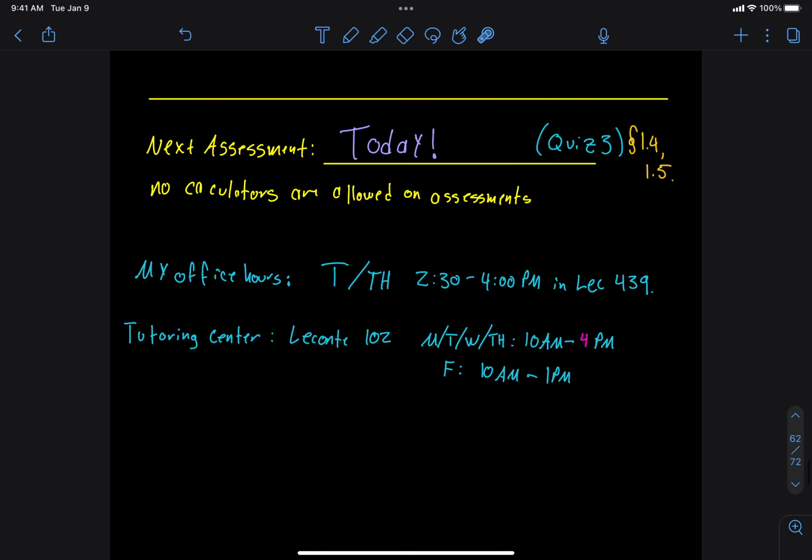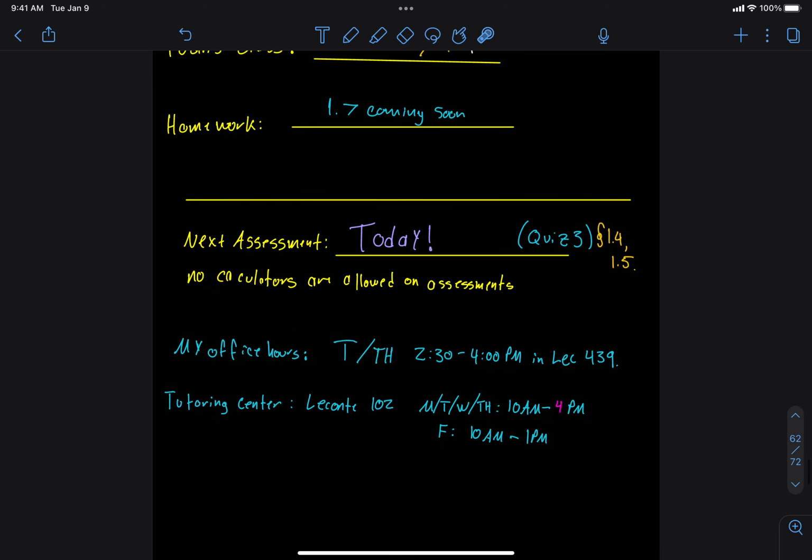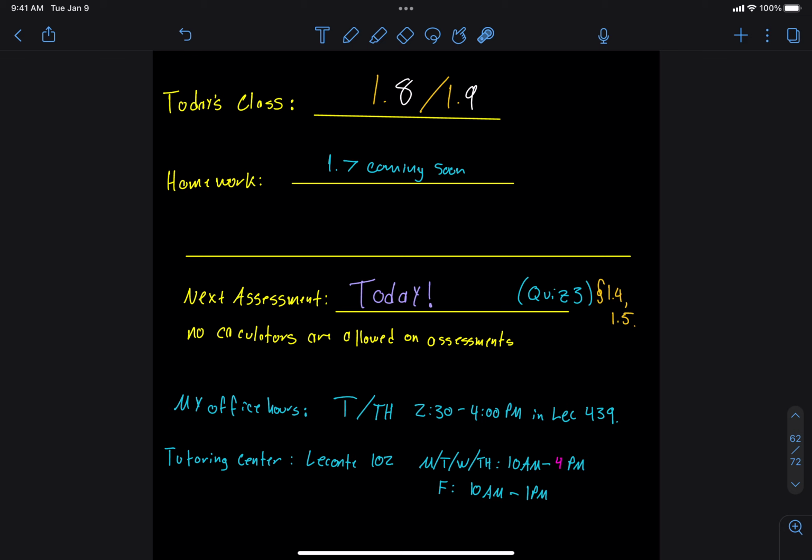My office hours, I will be having office hours today from 2:30 to 4 in my office. Could I have a show of hands of who's planning on coming to office hours today? Okay, fewer people. So I'm going to hold my office hours in my actual office today. I feel like that's a fine space as long as we have 5 or less.